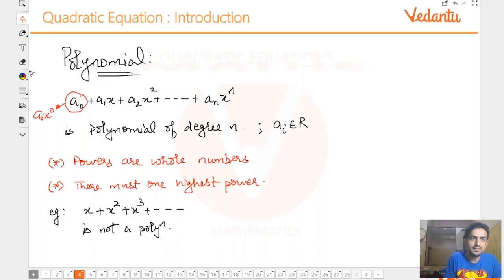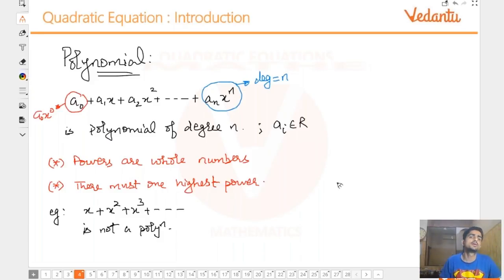When they say expression of this form, it means it has to stop somewhere. And that highest power is called the degree. It cannot just go on and go on and go on. So clearly x plus x square plus x cube and so on is not a polynomial.